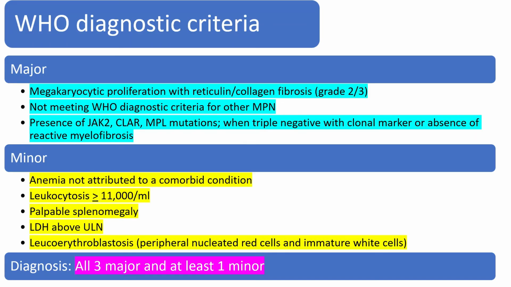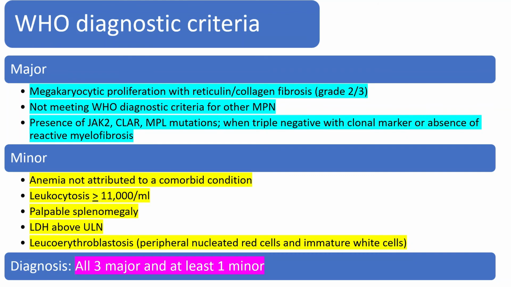The WHO criteria for the diagnosis of primary myelofibrosis include three major criteria and the other minor criteria. The major criteria include megakaryocytic proliferation with reticulin deposition, which is grade 2 or 3, not meeting other WHO criteria for myeloproliferative neoplasms, and presence of mutations, or triple negative clonal marker or absence of reactive myelofibrosis.